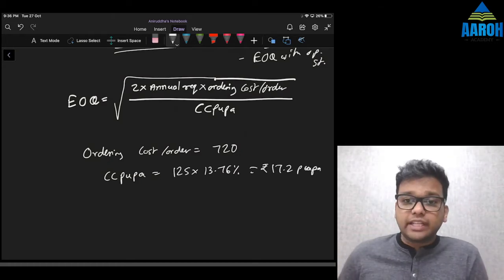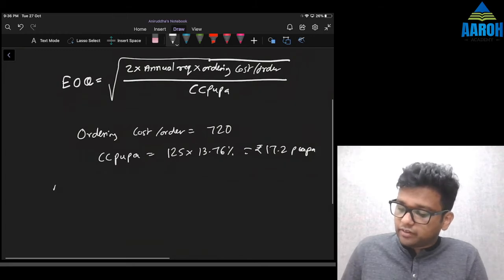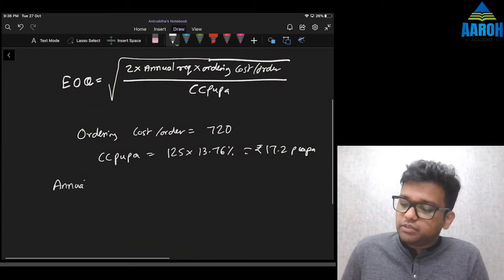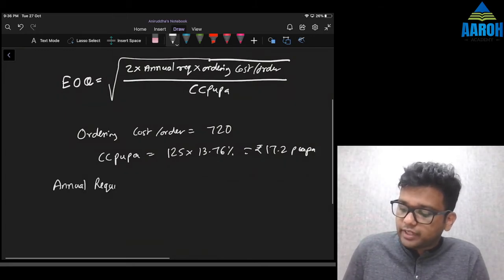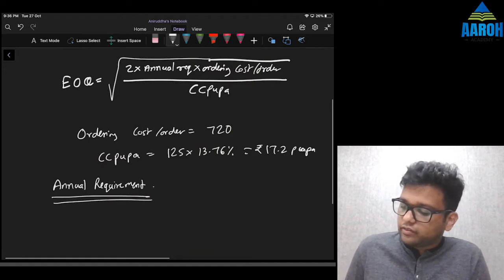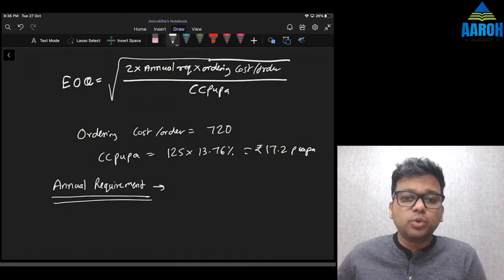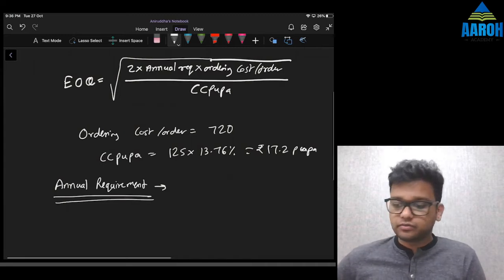Now the problem is with the annual requirement. I have seen most of the students go wrong with the annual requirement of this question. Annual requirement is where most of the students face a doubt.